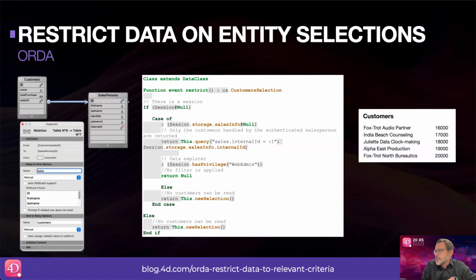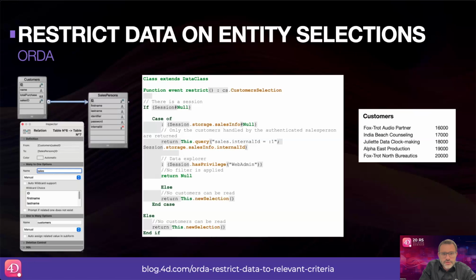So in the example here on the restrict event, you can see that a filter will be applied based on the internal ID of the salesman. So this is a very rich feature. I really recommend you to check out the blog. It will really allow you to go one step further by protecting your data. And remember, this is an ORDA-only feature.